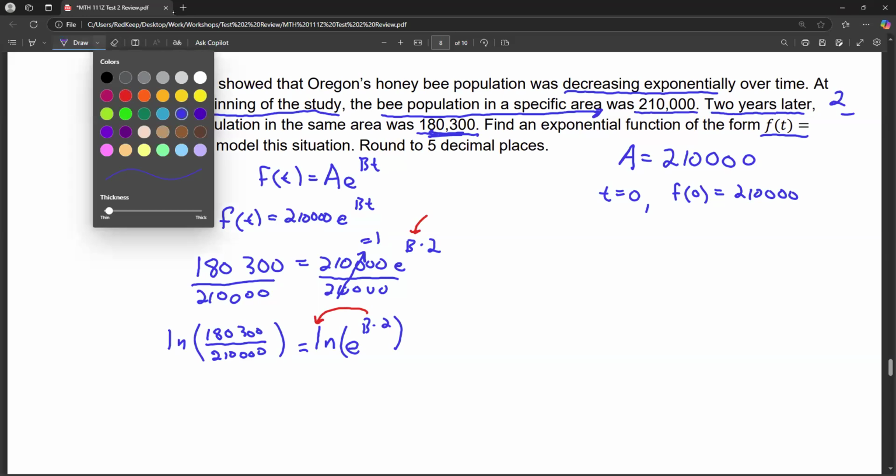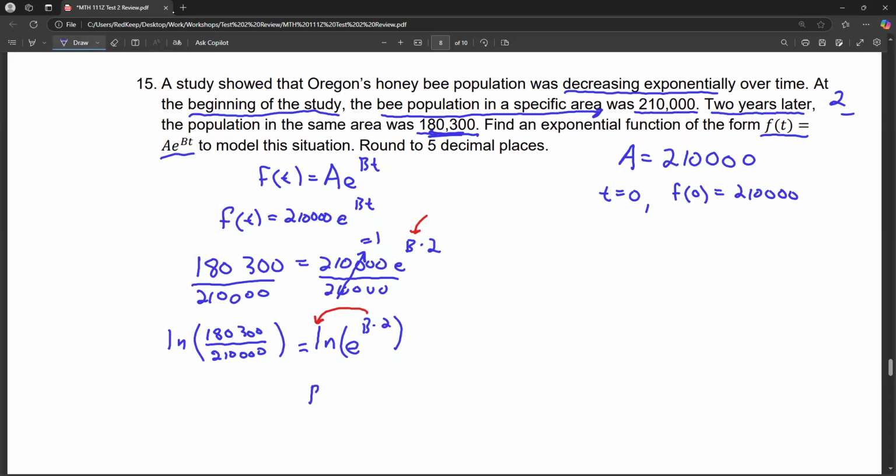Let's rewrite that. I'm going to have b times 2 times the natural log of e. That should look familiar. I feel like I can drop some of this, two of the zeros.